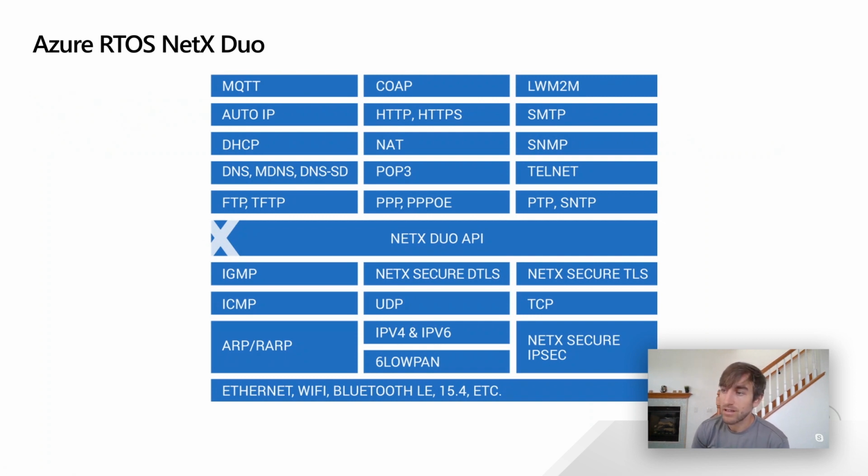So if you're starting a new design, I would strongly suggest NetX Duo. If you are connecting to a cloud using MQTT or CoAP or lightweight M2M, you'll pretty much have to use NetX Duo. And I think you'll find it's a lot more full-featured than the older NetX is.